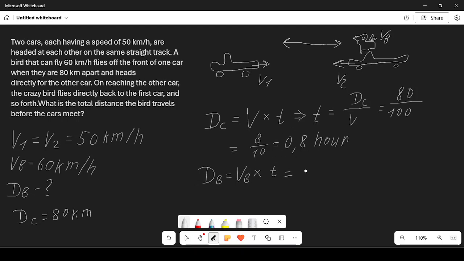Okay, speed of the bird 60 kilometers per hour multiplied by 0.8. It's 48 kilometers.